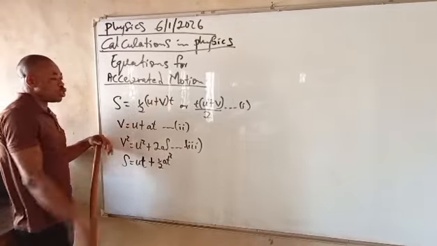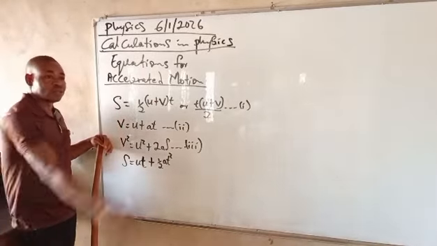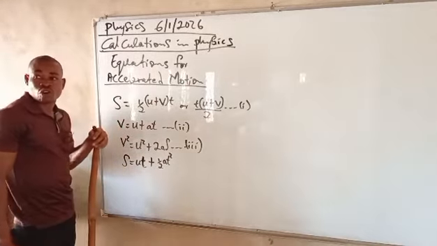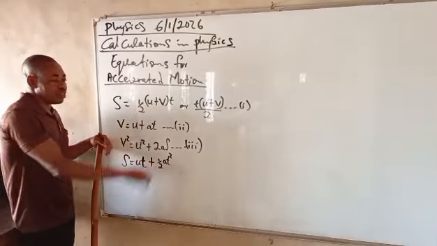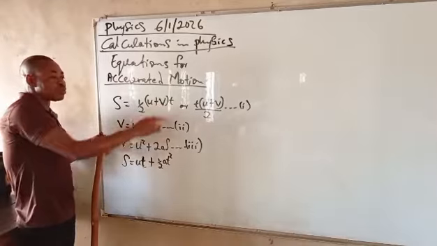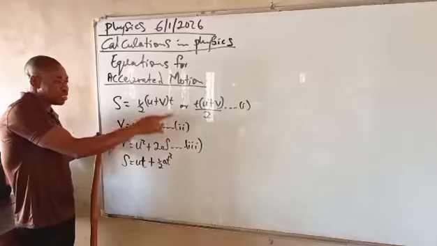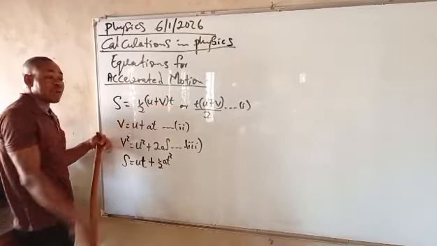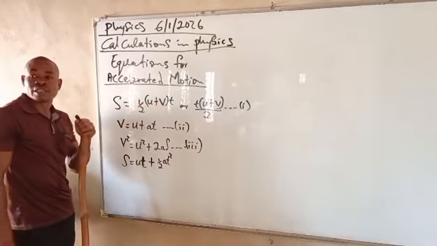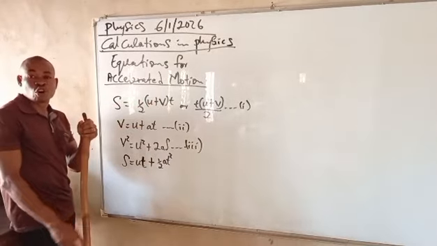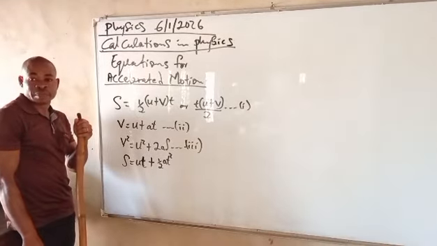We use this equation to calculate distance covered linearly on a straight ground when initial velocity, final velocity, and the time are given. We use this first formula to calculate distance covered by an object on a straight line. Are you getting what I'm saying?